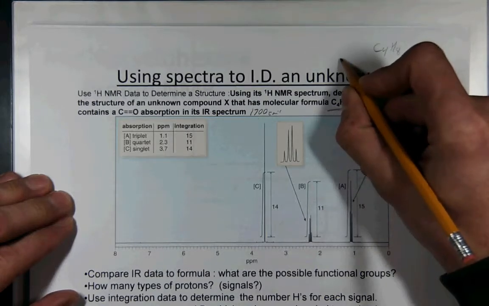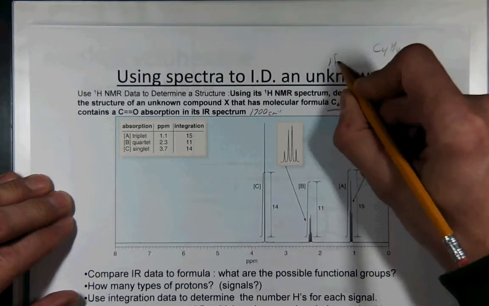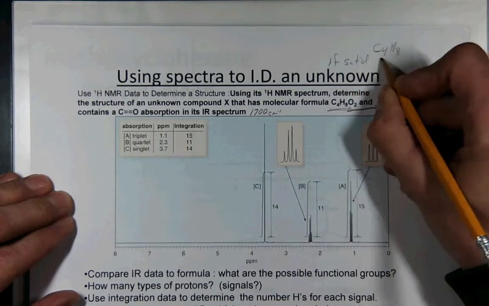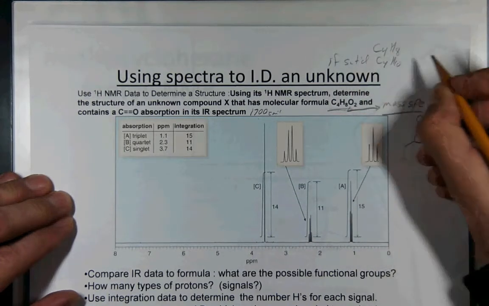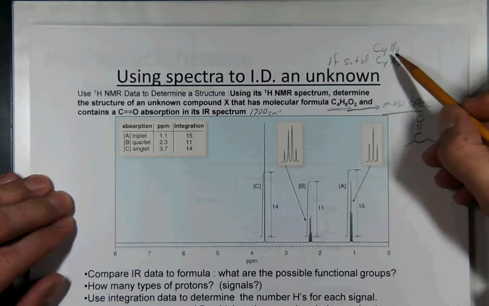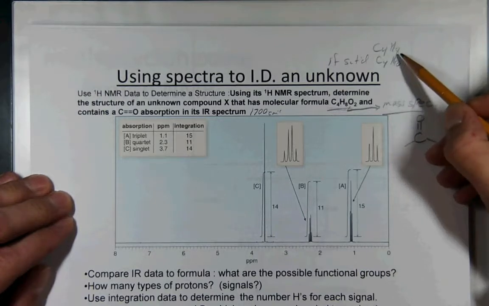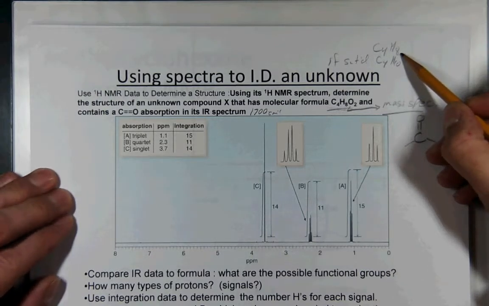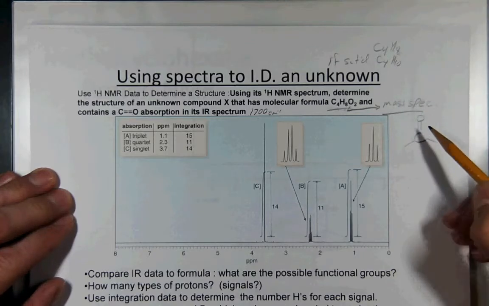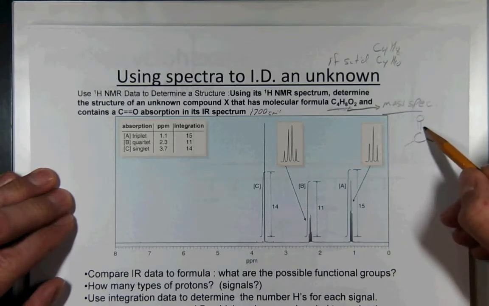If this was an alkene, if it was saturated, in other words, it would be C4H10. So what this is telling me is we have only 1 degree of unsaturation, and that's present here in this carbonyl. So there's no other double bonds or triple bonds or rings.